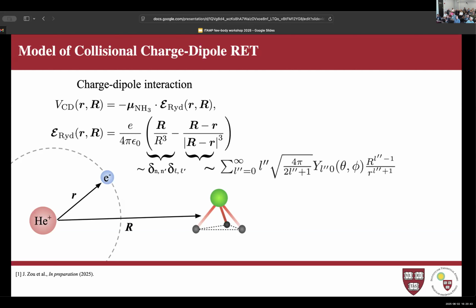I'm only expanding in Legendre functions, spherical harmonics, to illustrate that there is such a transition. In the actual computation, we don't do this expansion. We directly compute on this charge-dipole energy potential, and we directly do the overlap integrals on this. This is just to show that the transition is allowed.